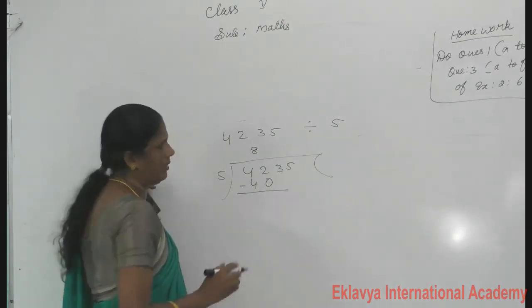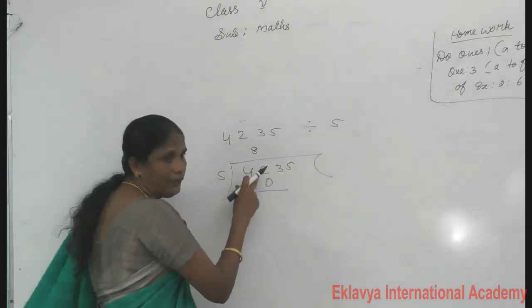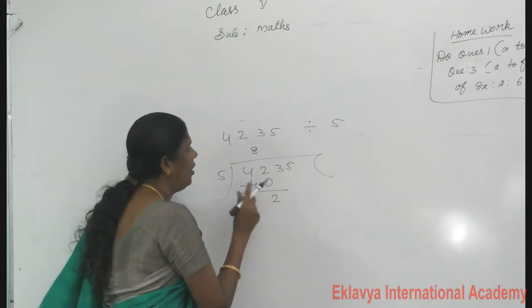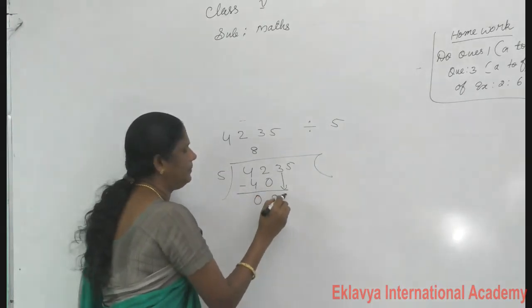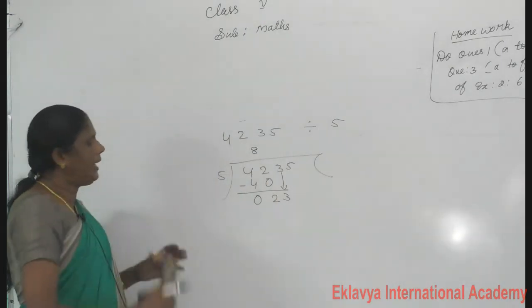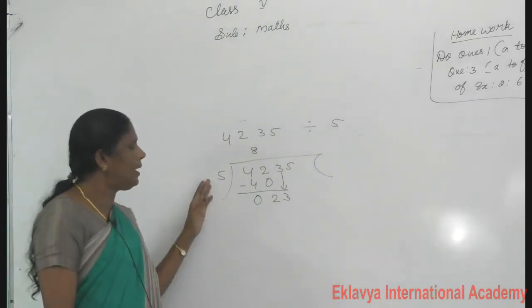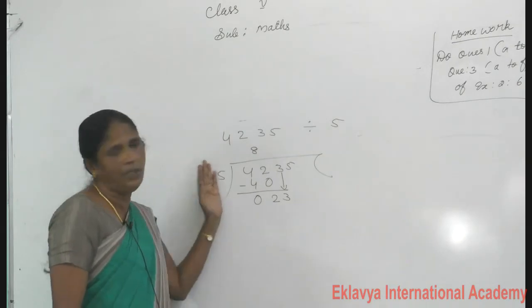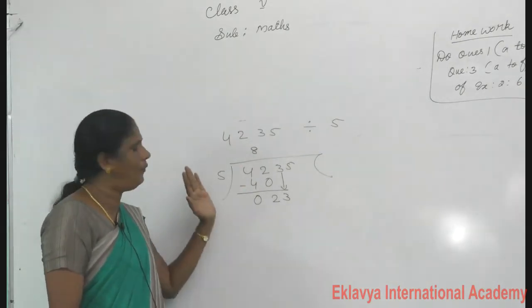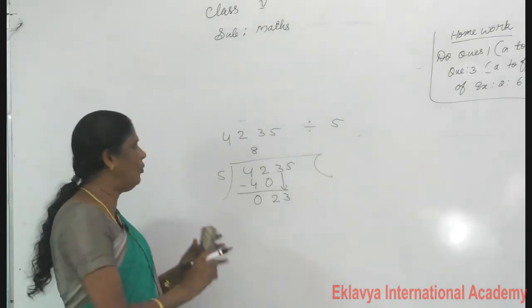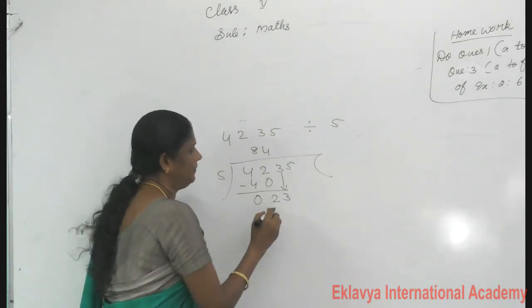Then 0 taken away from 2 is 2, 4 taken away from 4 is 0, then 3 comes down. Again, how many times does 5 go in 23? 4 times.